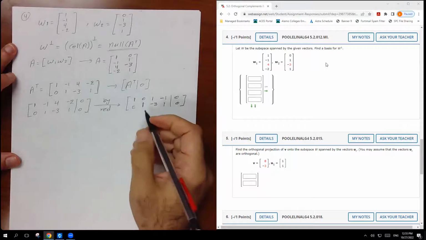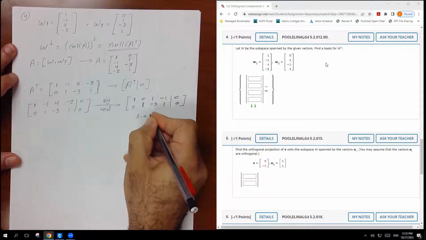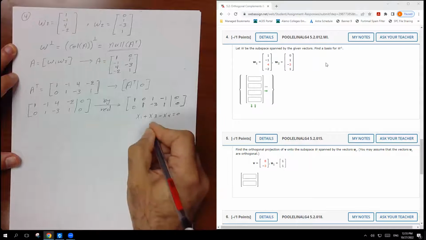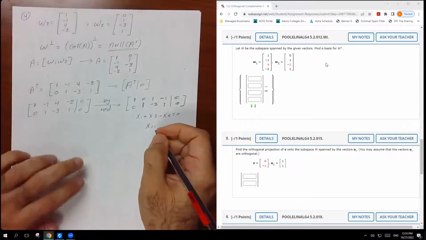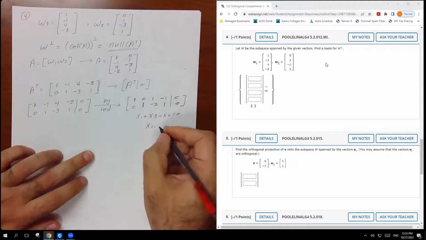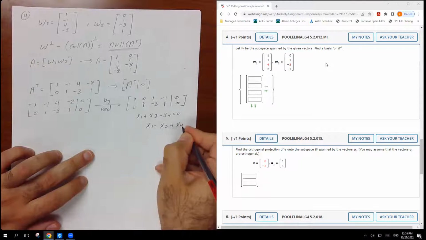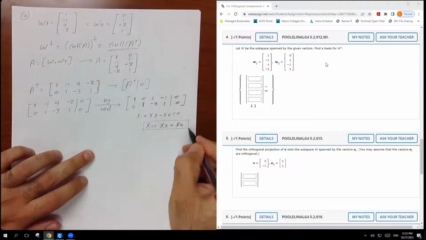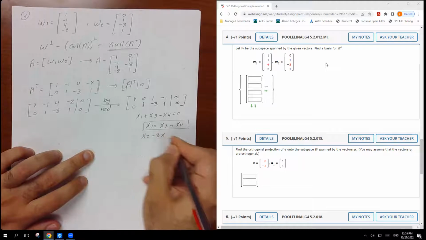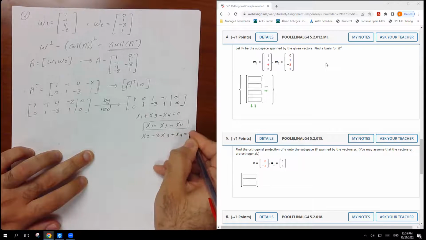Now we're going to find the solution for this one, which is x1 plus x3 minus x4 equal 0. So x1 is going to be negative x3 plus x4. And we have x2 minus 3x3 plus x4 equals 0.